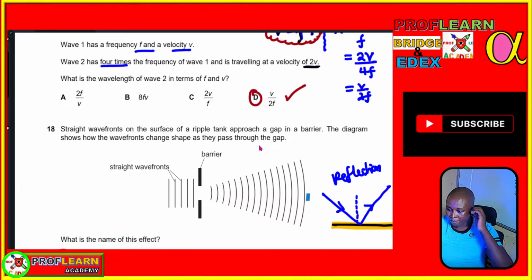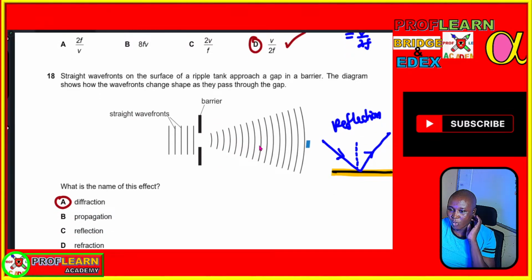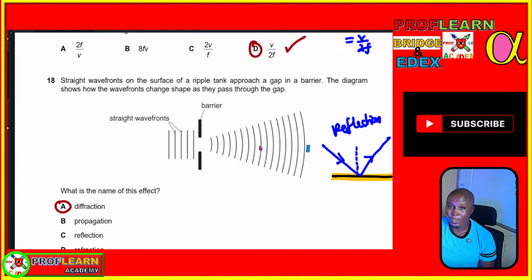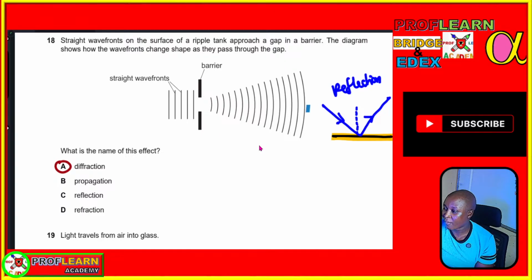Question 18 says a straight wavefront on the surface of a ripple tank approaches a gap, and this is actually called diffraction. When a wave spreads around an obstacle, or as it passes through a gap, we call this diffraction of a wave.